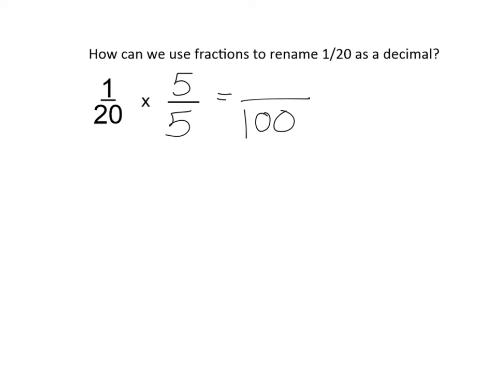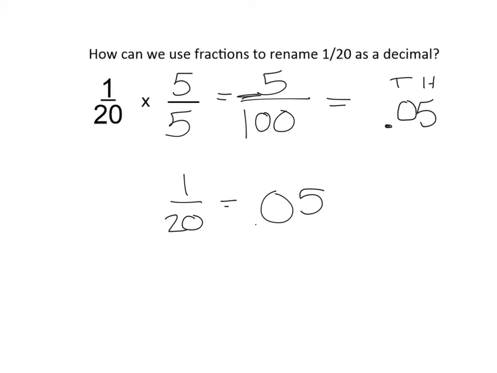I have to make this one whole, so 5 over 5, and 1 times 5 is 5. So we have 5 hundredths, which means 5 goes in the hundredths place. If I have 5 in the hundredths place, what do I put in the tenths place? Since nothing is before the 5, I've got to put a placeholder there to hold that place. So 1/20th is equal to 5 hundredths.